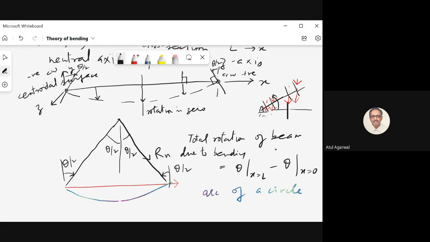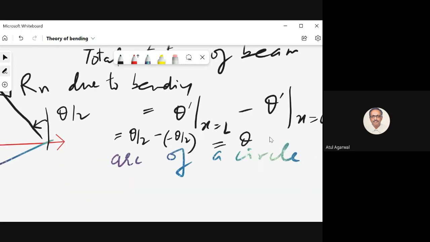So theta at x equal to L is, in this case, theta by 2. We call it theta prime. So theta by 2 counterclockwise minus theta by 2. Because this rotation is clockwise, it is a negative number. So total rotation becomes theta. This is the total rotation of the beam from right hand to left hand. It is equal to theta.